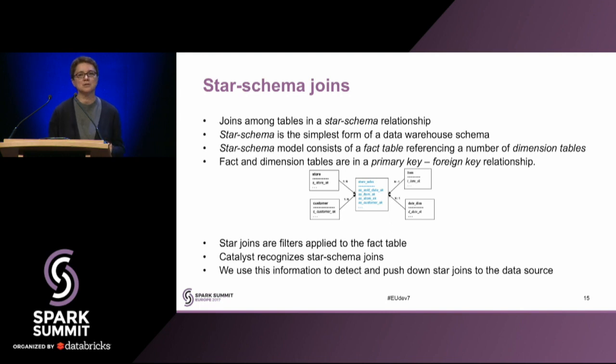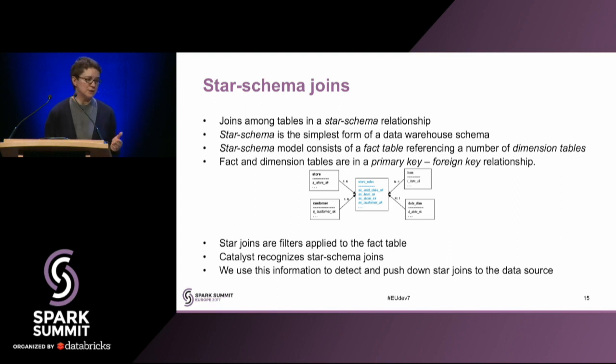Star-schema is the simplest form of a data warehouse schema. It consists of a fact table referencing a number of dimension tables. The fact table contains the main data or the measurements about the business, and the dimension tables, usually smaller tables, describe the characteristics or the dimensions of the fact table. Fact and dimension tables are in a primary key foreign key relationship.